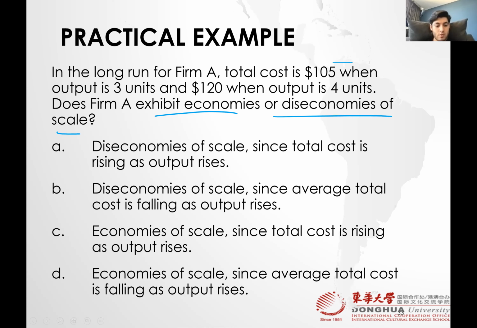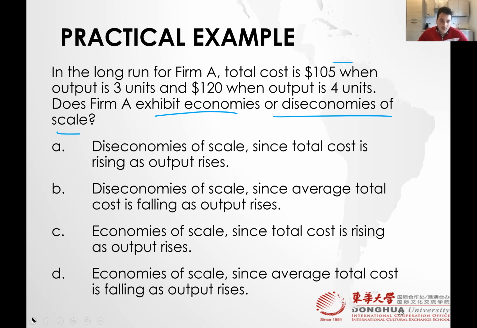Okay. PD? Amar? Mirko? Yes, I would say A, because as we said, the output quantity rises, but also cost rises.